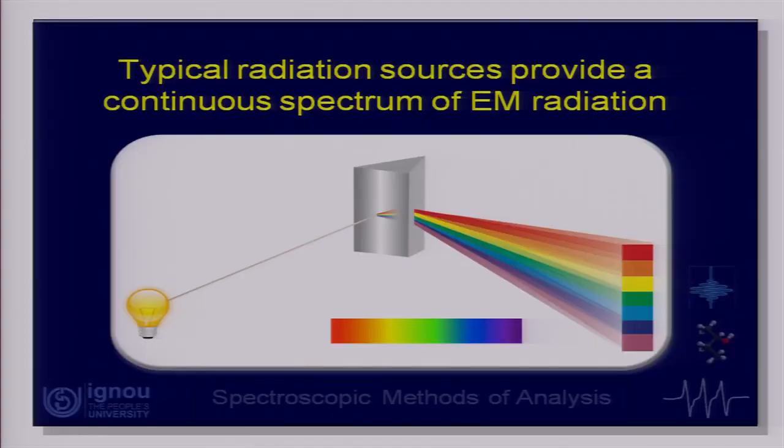If you look closely, you find this typical rainbow, or VIBGYOR, with a continuous variation of the wavelengths or frequencies. This is a typical example of a continuous spectrum. That means such radiation sources give out polychromatic radiation and give a continuous spectrum.